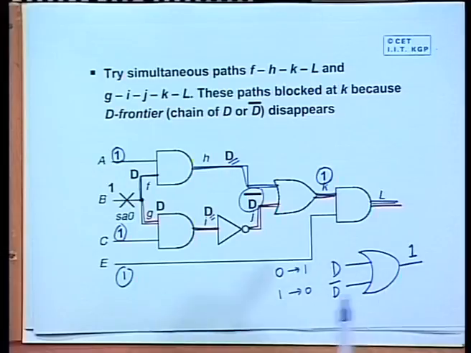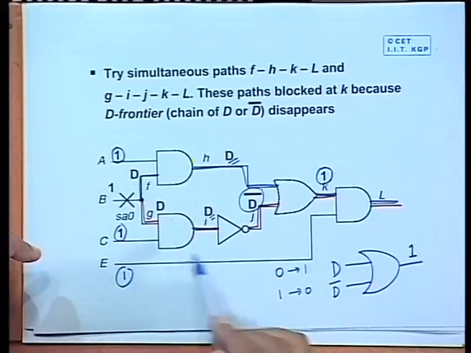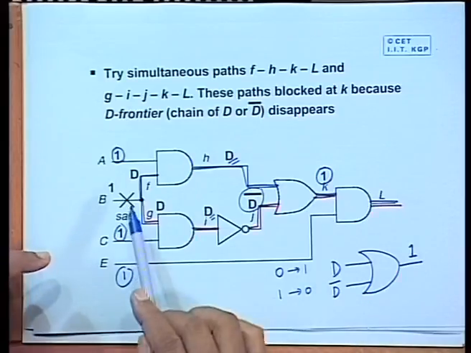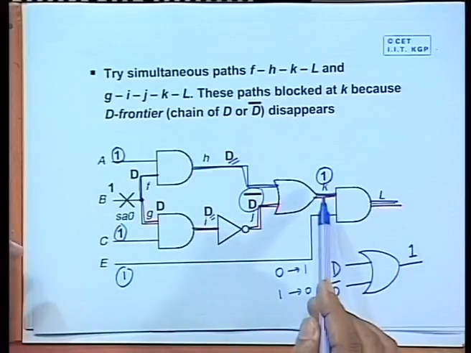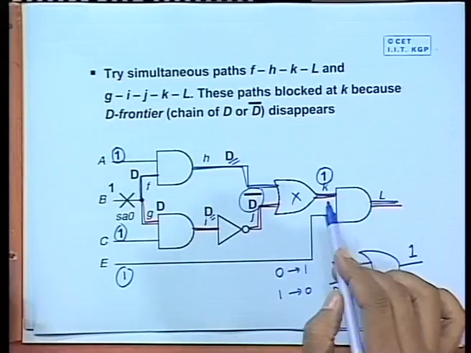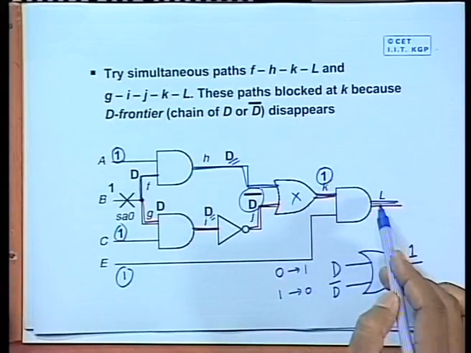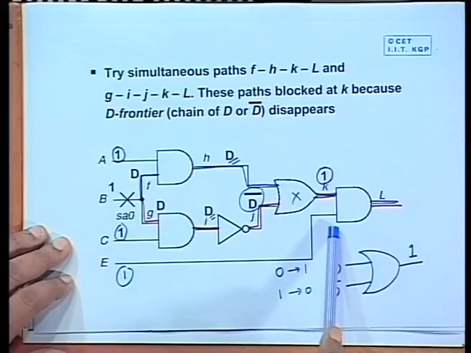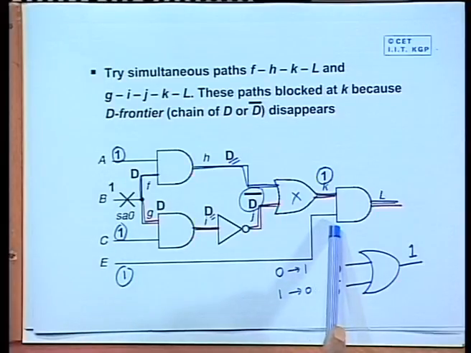So, in this case the two paths are mutually masking each other, they are cancelling out the effects, with the net result that the fault is not getting propagated beyond this gate. Okay. There will be no change on K and hence no change on L, right. So, if you try to propagate the two paths together, it is also not possible.